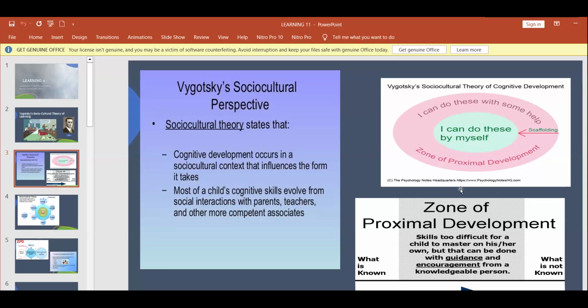So do you want your students to learn the green circle or more than that? The difference, the gap between what they can do on their own and what they can do with the more knowledgeable other, is the zone of proximal development.